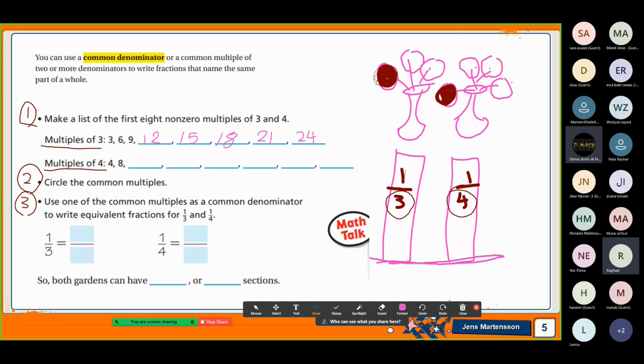So be careful. When you start, you have to start with 3 times 1. Non-zero. Don't say 3 times 0. Start from 3 times 1.